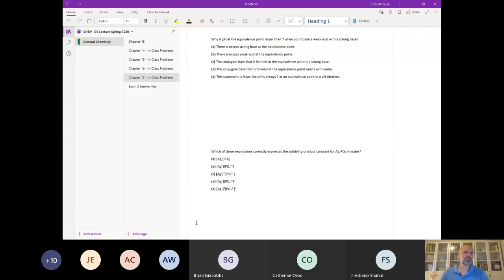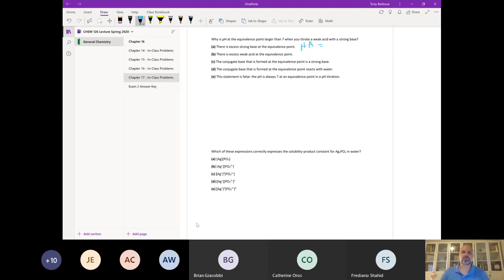All right, so this one says, why is the pH at the equivalence point larger than 7 when you titrate a weak acid with a strong base? At the equivalence point, remember, this is not true, because at the equivalence point our acid, HA, is going to equal our base.